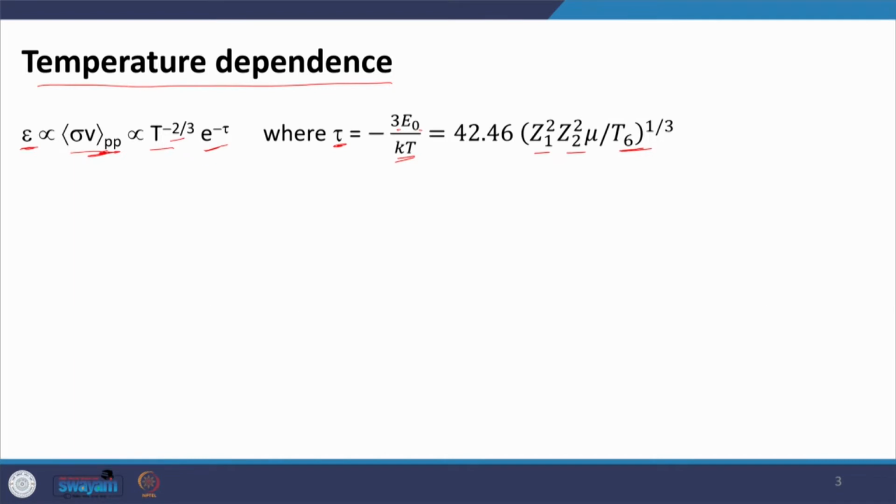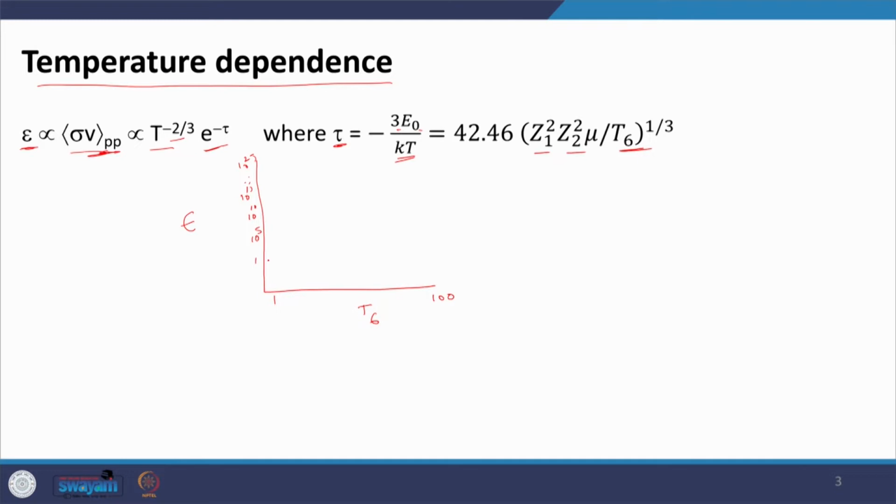So, if we try to see the dependence of energy on the temperature, we can draw a quite interesting diagram. So, this is the energy produced and this is the temperature, starting from 1 to 100 and on a logarithm scale 10 to the power of 5, 10 to the power of 10, 10 to the power of 15, and 10 to the power of 25.